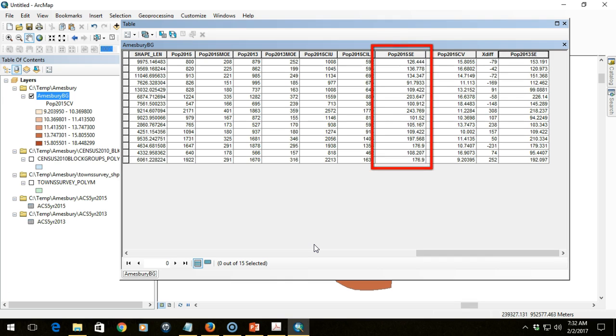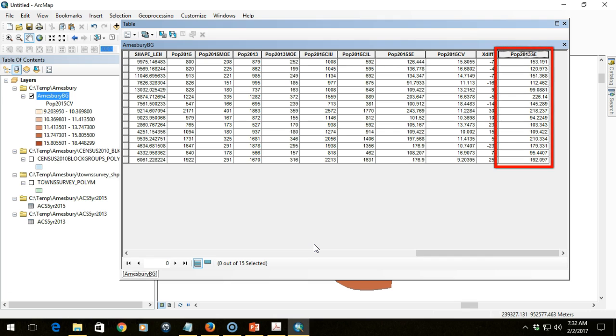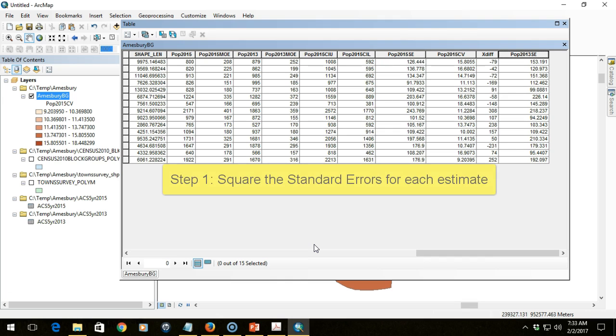We'd previously computed the standard error for the POP 2015 estimates, and now I went ahead and did the same thing for the POP 2013 estimates. So now we have all the values that we need for this. And so we're going to first square the standard errors for each estimate.